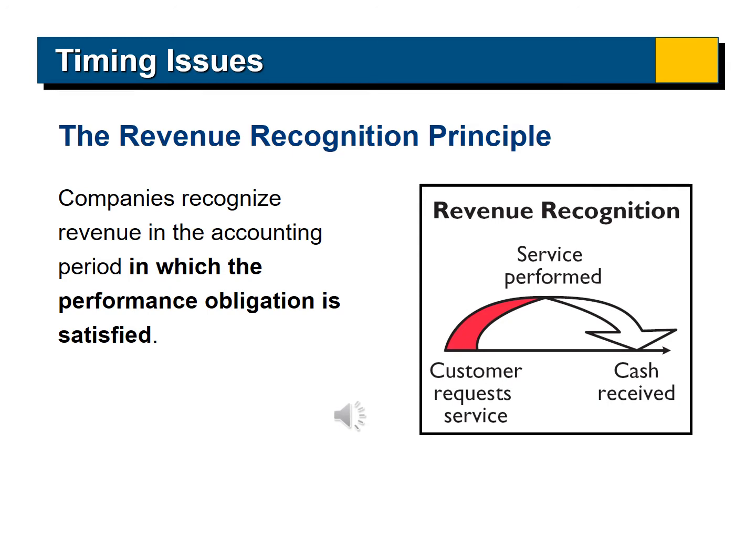So if a service company provides a service during the month of January, then the revenue will be recognized in the month of January, even if the payment was received before or after January.